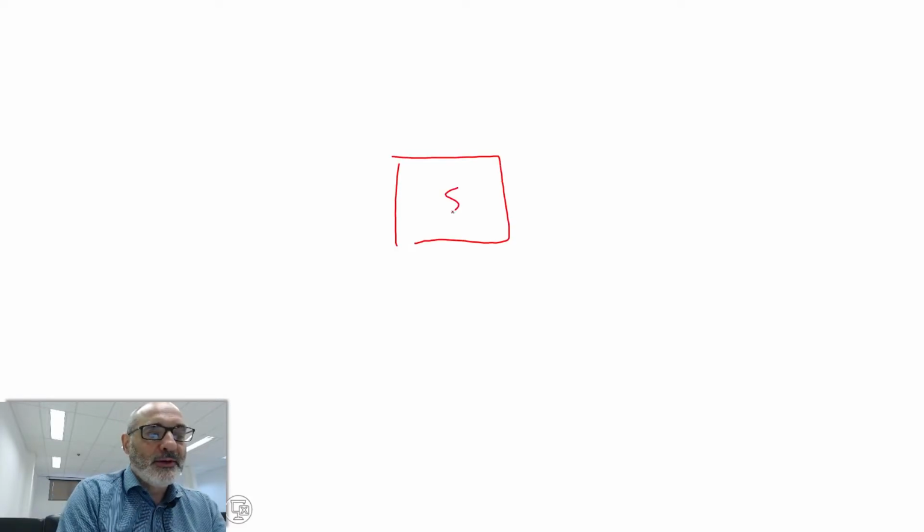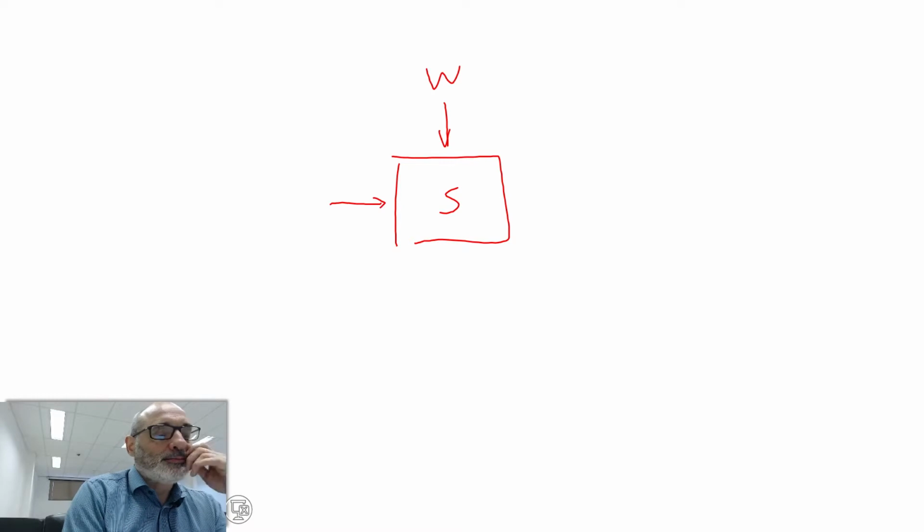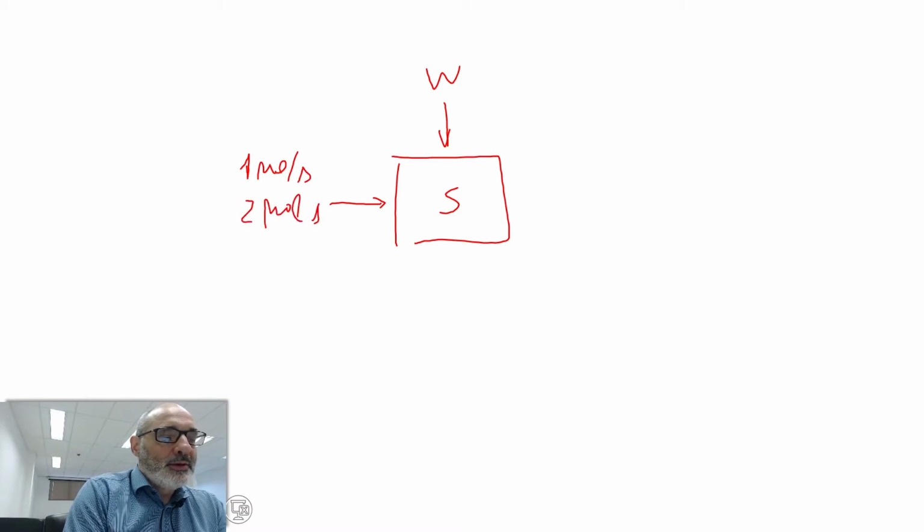This is my separation process. It consumes work or exergy. And let's say I have 1 mole per second of O2 plus 2 moles per second of N2.